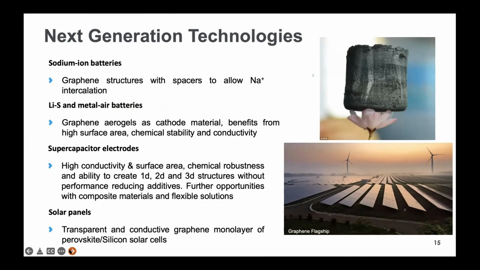Sodium-ion batteries. This is an area of huge development at the moment because sodium is much more abundant and cheap compared to lithium. And there may be some good safety elements that would come into play for using sodium-ion batteries. However, graphite, which otherwise offers a good active anode material, is actually not usable here because the sodium ion is so much bigger than lithium that it does not intercalate effectively into graphite.